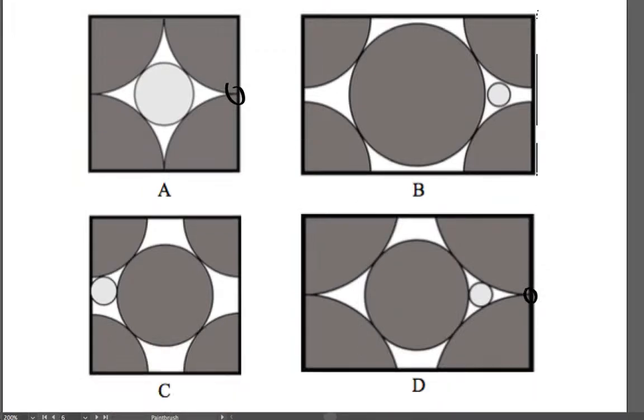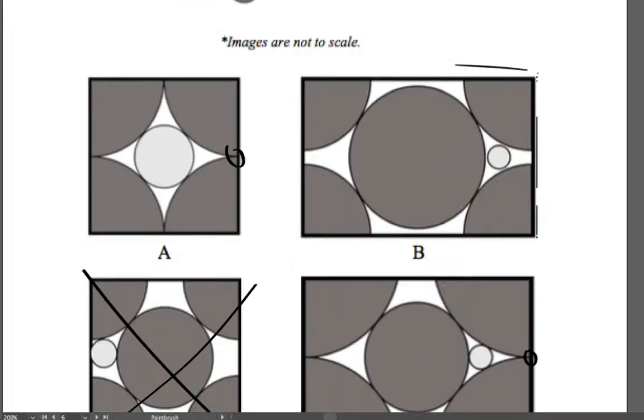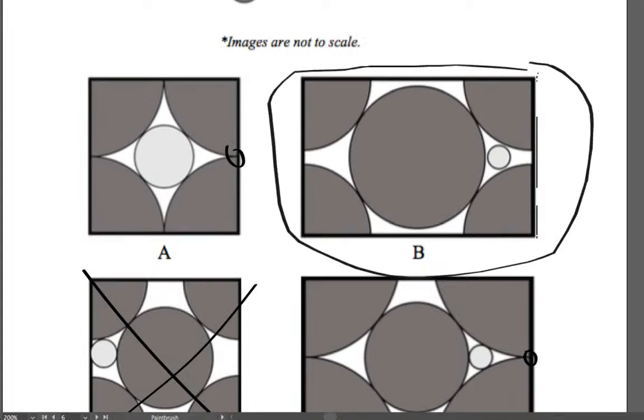So the only options are B or C. And then we know from a BCC that the sides wouldn't be like a square, so this one couldn't be, so we can just cross them out. The answer that I'm going to choose is B because of its rectangular shape, and also it has the hydrogen there at the side, not at the center like A. That's that.